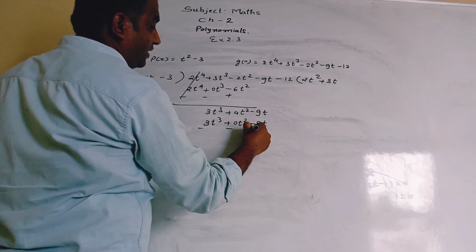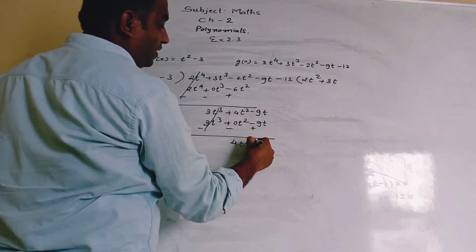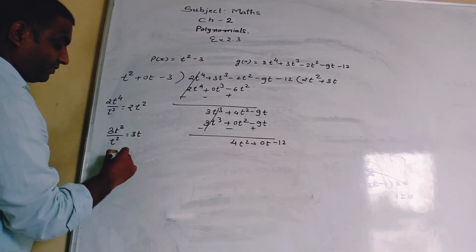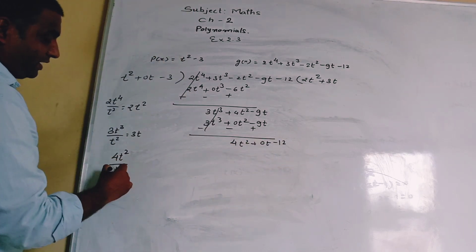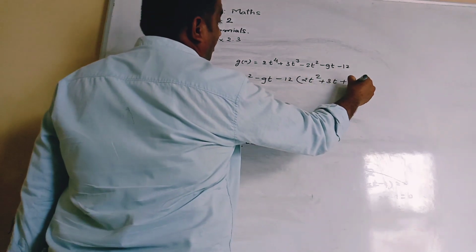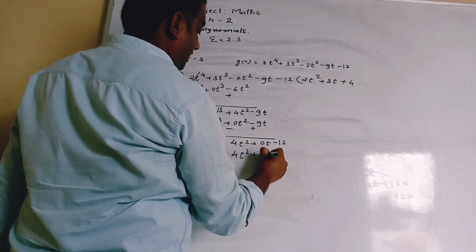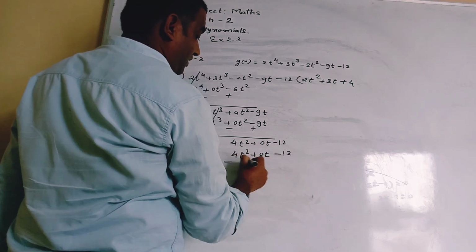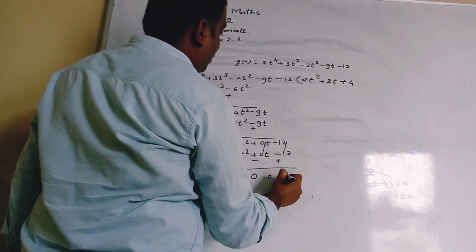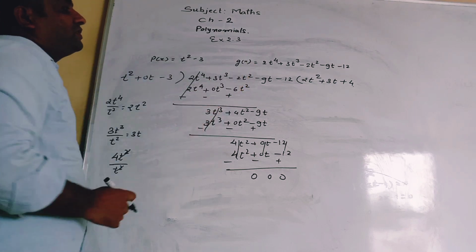Signs change and it cancels, leaving 4t square plus 0t minus 12. Now 4t square divided by t square is only 4, so plus 4, and the remainder is 0. So we can say that yes, p(x) is a factor of g(x).